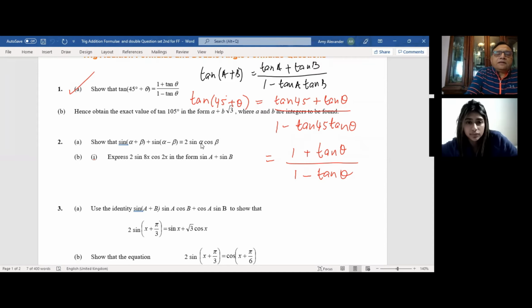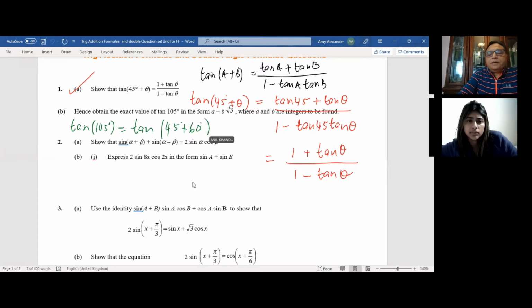So 105 degrees you can write as what? 45 plus 60 degrees is 105. So you know theta is 60 degrees, right? So using this value, we have 1 plus tan of 60 over 1 minus tan of 60. Correct? Does it make sense?